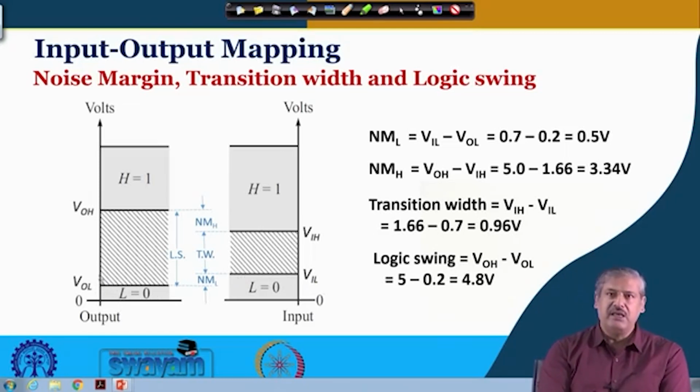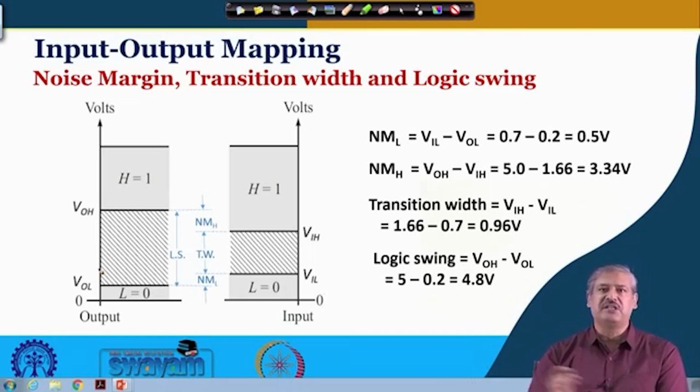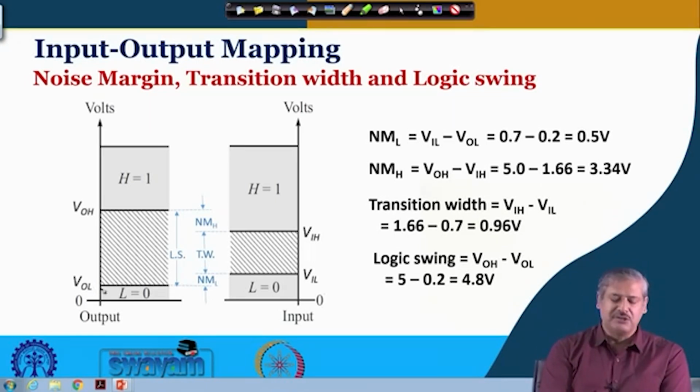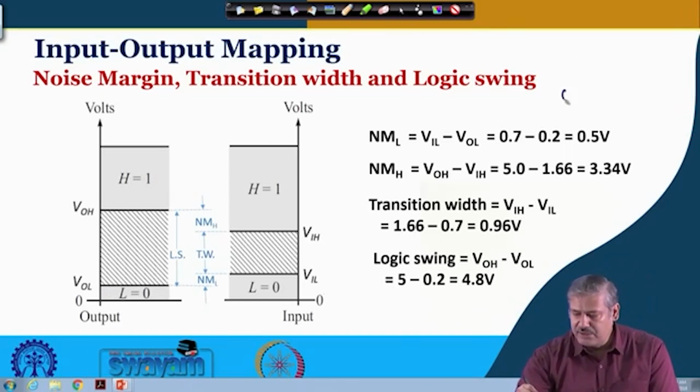If this inverter is connected to another similar device at the next stage, when it is at logic low, what is the voltage it is offering? 0.2 volt or less, the maximum voltage is 0.2 volt. Now, imagine some additive noise gets added. So, what I mean over here, let me draw a diagram which might make it clear to you.